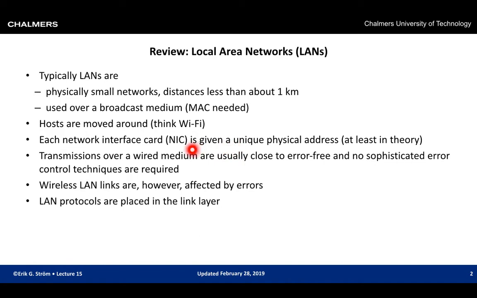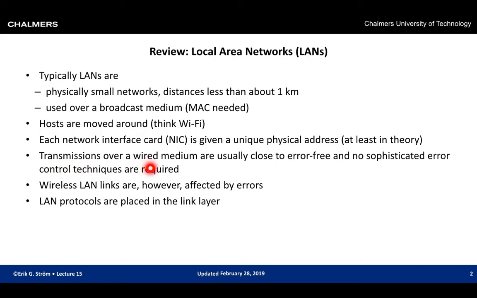And this is something that is fixed for the network interface card for all times, at least in theory. And these are also unique on a global scale, at least in theory. Now, in practice, one can change the MAC address of your network interface card in software if you like. But the idea is, let's pretend that they are globally unique addresses.